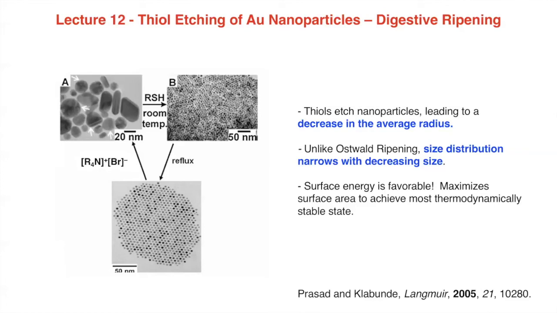In other words, in the classical picture, surfaces are unfavorable. You have a surface tension. But in our case here, the formation of surface is a favorable quantity, and the system takes a low surface area starting material and makes a high surface area product in order to take advantage of the gold thiol bond. So there is a driving force for making surface area because the surface ligand bond is favorable.